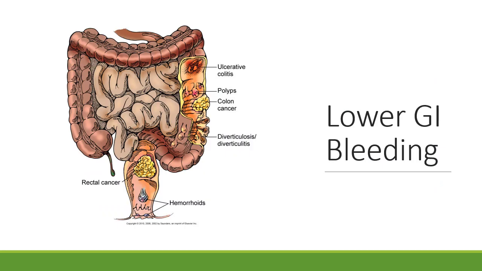So diverticulitis also can result in lower GI bleeding. Polyps, anal fissures, hemorrhoids, IBD, and cancer all can cause lower GI bleeding. So upper GI bleeding is when you have bleeding in the stomach, and that results in the coffee ground emesis and the melena, that black, thick, tarry stool.